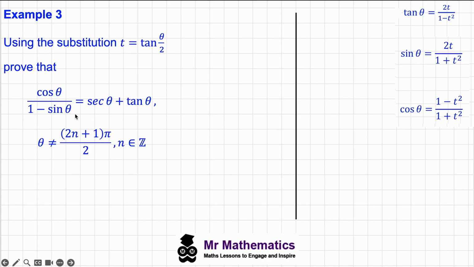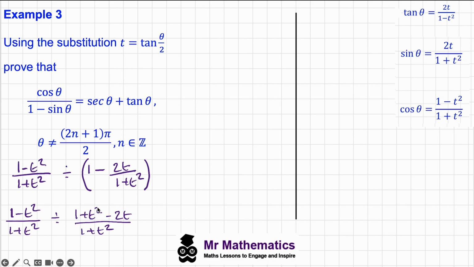Okay, welcome back if you had a go. The first thing we're going to do is write this as a division. We've got cos theta, which we can use this for, divided by 1 minus sine theta, and I've substituted this formula for sine theta into here. Now we can simplify this by writing this 1 as a common denominator with 1 plus t squared.